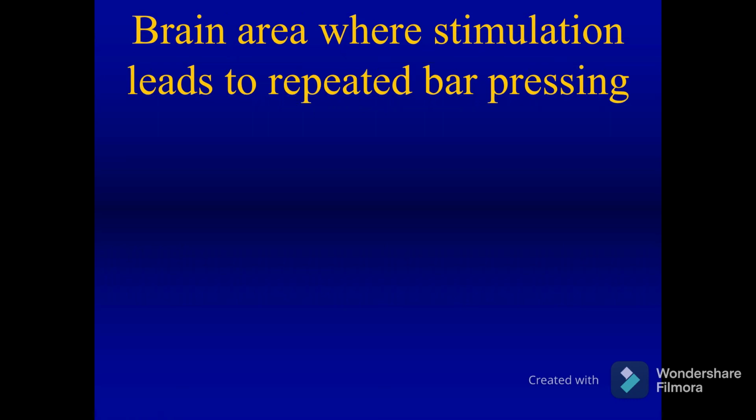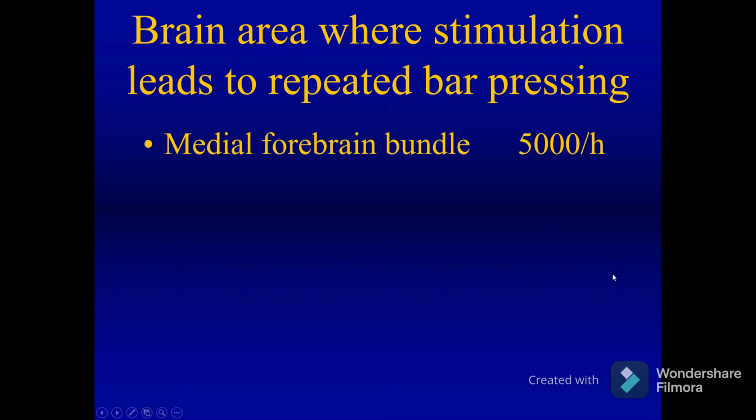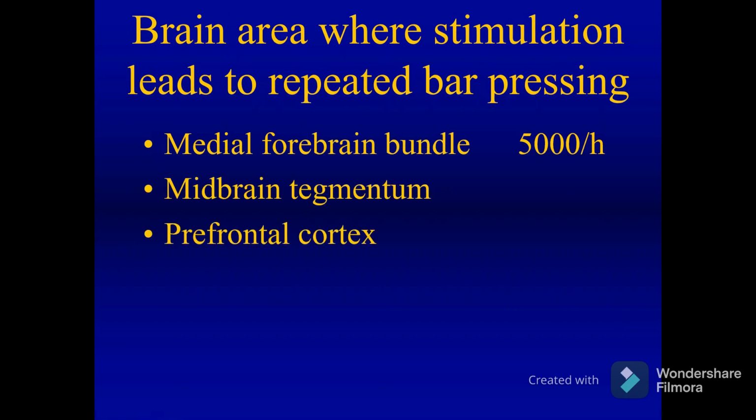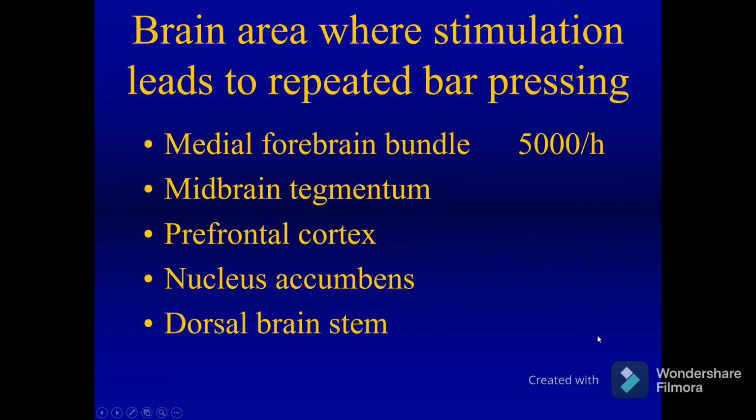So the brain areas where the stimulation leads to repeated bar pressing: you'll find the medial forebrain bundle, where the rat will press the lever, say 5,000 times per hour. Then midbrain tegmentum, then prefrontal cortex, then nucleus accumbens, then dorsal brain stem, then ventral tegmental area.